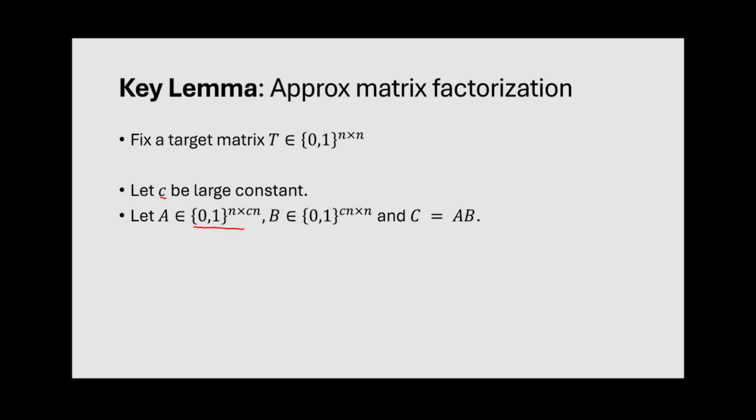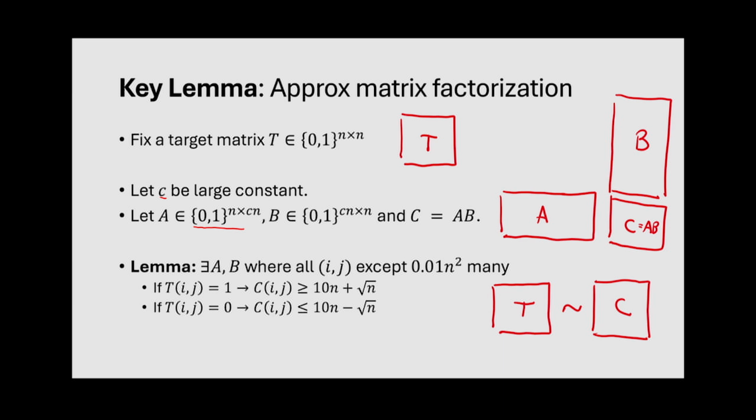B is a matrix of size Cn by n. C is a big constant. And think of the matrix product as the multiplication of A and B.